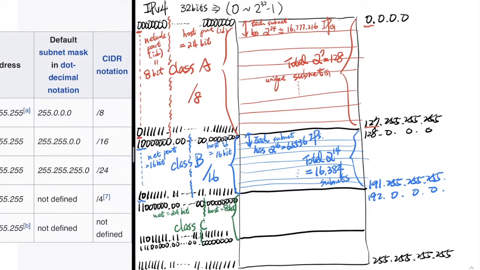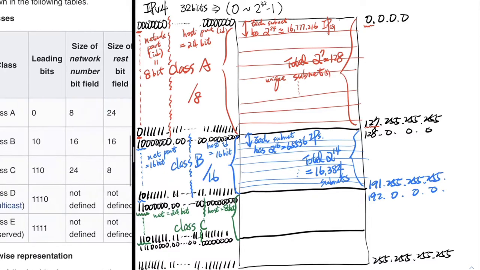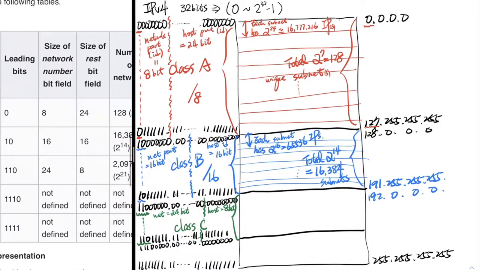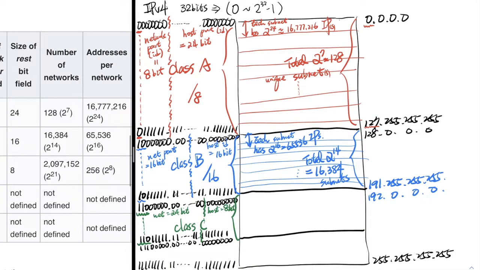We can see that the leading bits right here are all 110. Let's take a look at the third row. For class C, the leading bits are 110, and the size of the network part is 24 bits, and the rest of the part is the host ID. It is 8 bits.